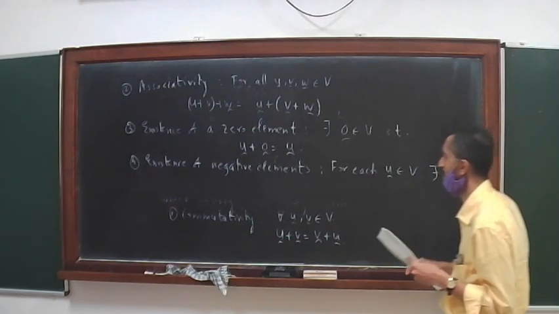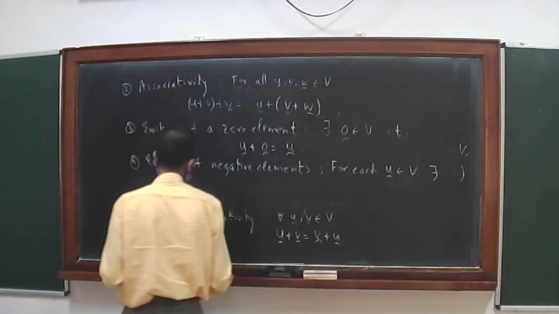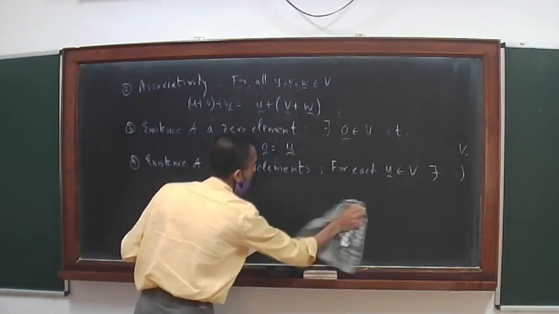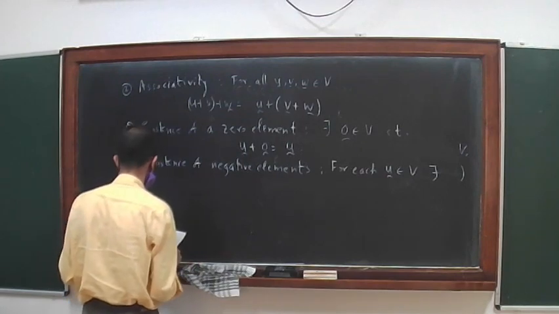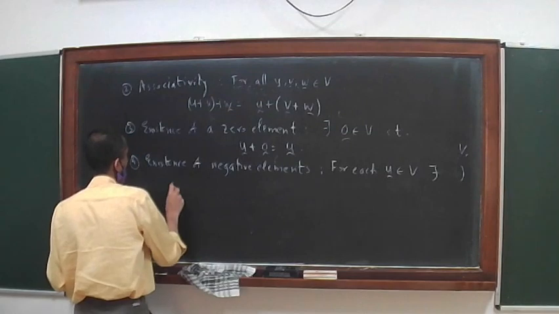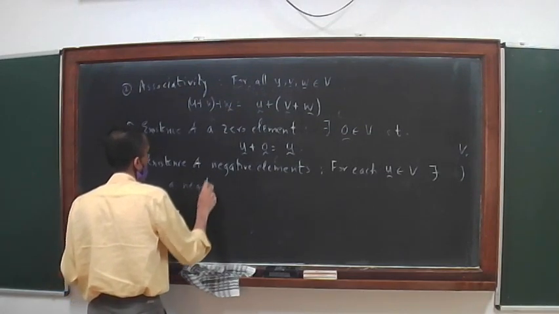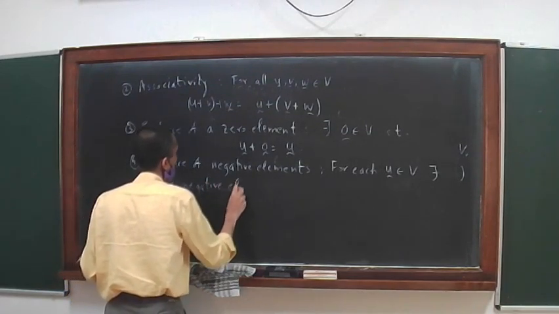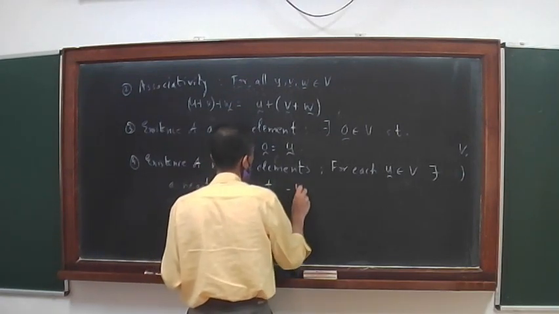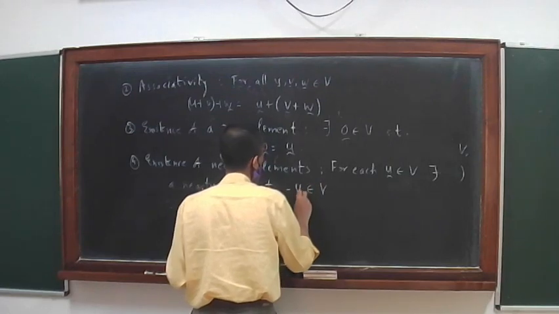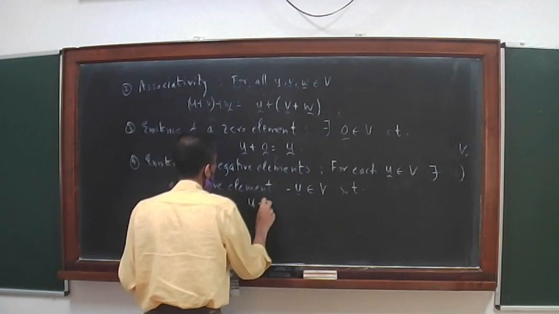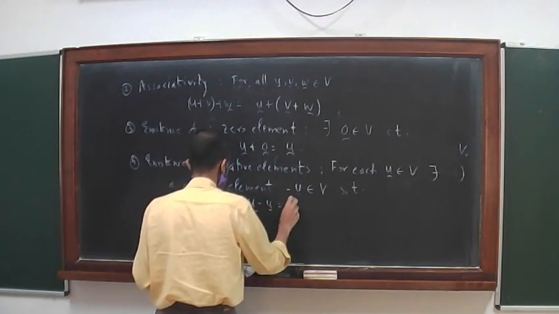These are some of the standard symbols that I will be using. There exists a negative element minus u, again belonging to V, such that u plus minus u is equal to 0.